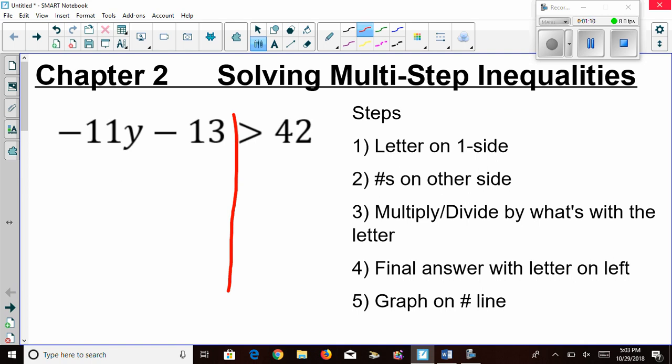When we did two-step equations, we would always start by adding or subtracting the piece without the variable. Well, that's right here with the minus 13. Since there is no variable on the 13, let's go ahead and remove it and place it to the other side. Our rules state in order to get rid of a minus 13, I have to add 13 on each side.